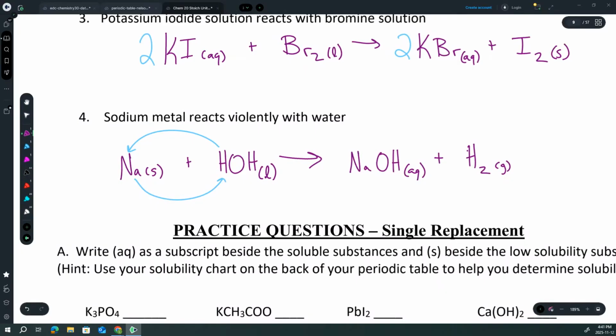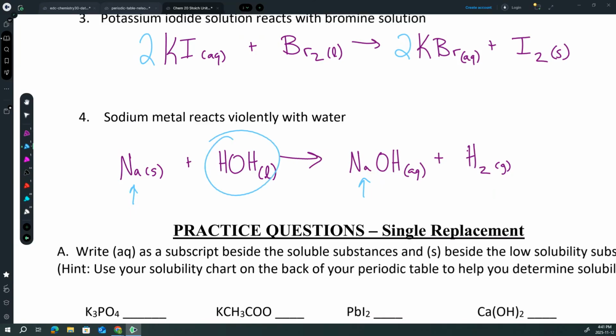All right, and let's see. So right now we have a skeleton equation. We have 1 sodium coming in, 1 coming out. I'm still going to break up water and balance it like hydrogen and hydroxide, just to make life easier because a polyatomic ion is involved.